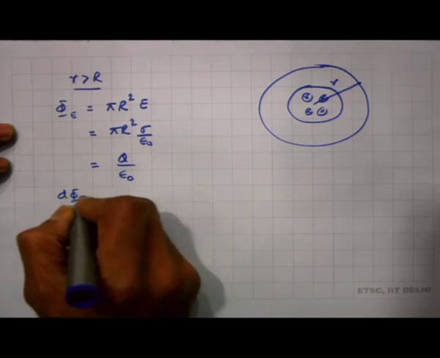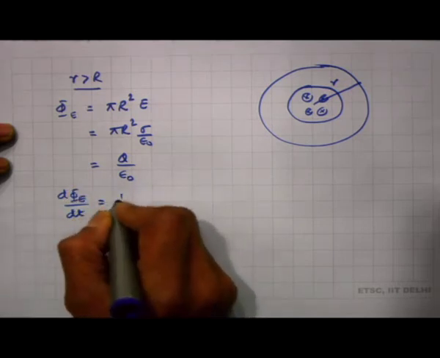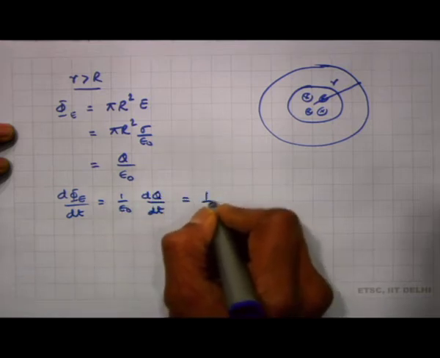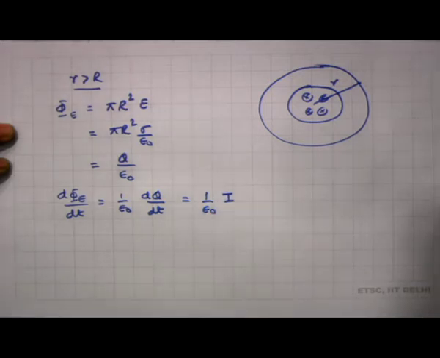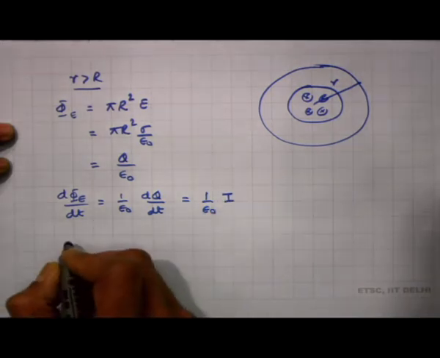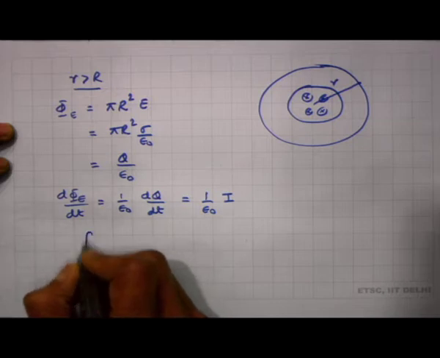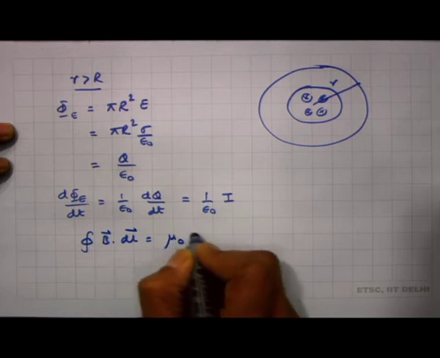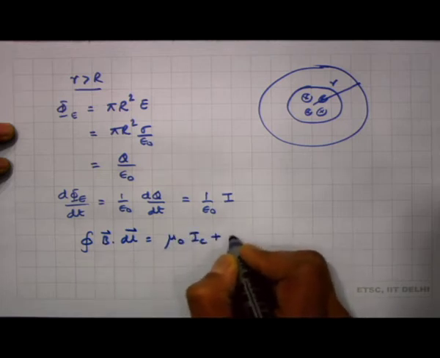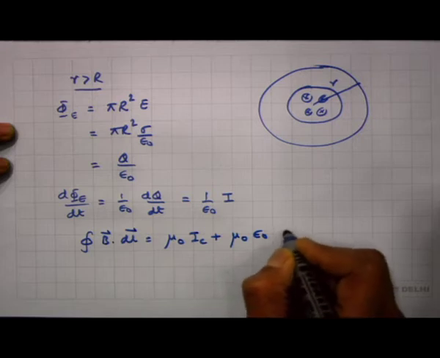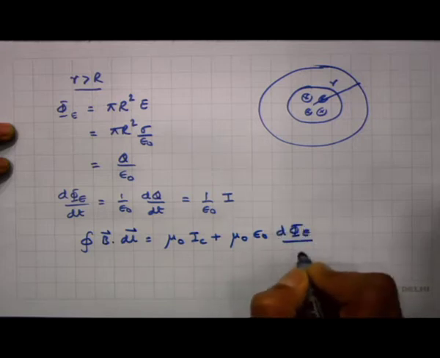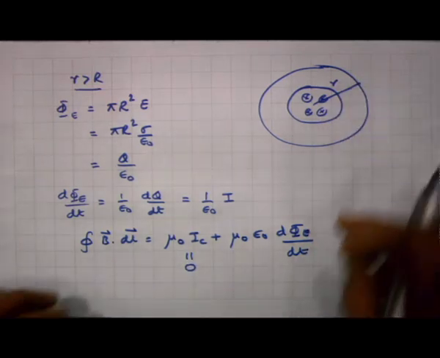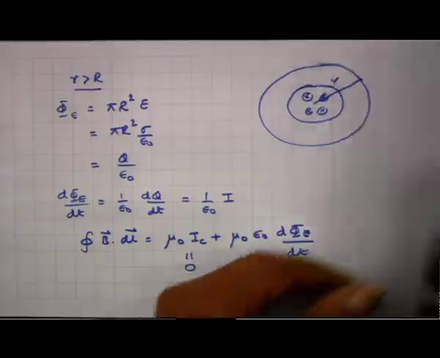So, d phi e by dt for this case becomes equal to 1 by epsilon 0 dq by dt, which is nothing but 1 by epsilon 0 times I. So, if I use Ampere's law, B dot dl is equal to mu 0 I c plus mu 0 epsilon 0 d phi e by dt. The first term is again 0, there is no conduction current passing through this area, and the second term is the displacement current.